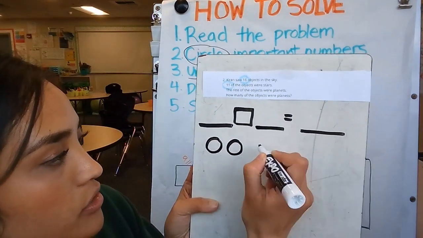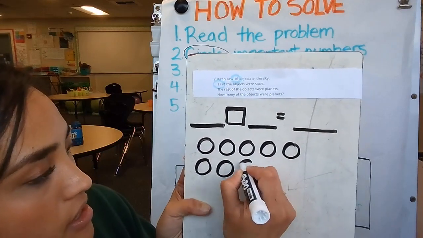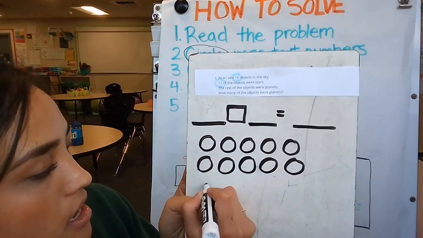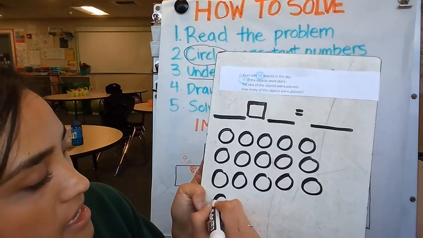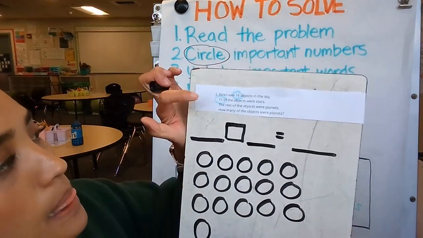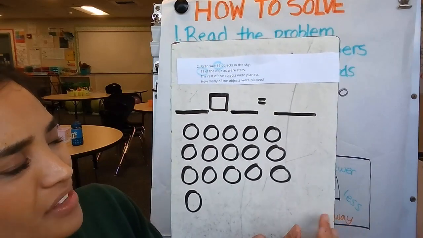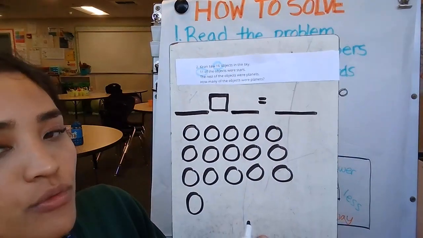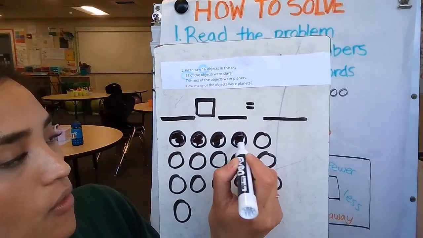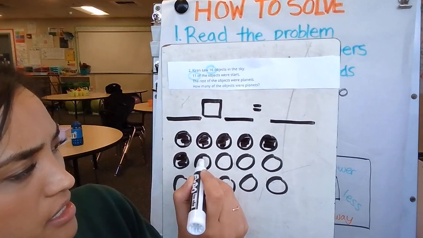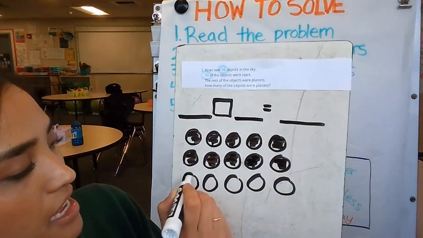1, 2, 3, 4, 5, 6, 7, 8, 9, 10, 11, 12, 13, 14, 15, and 16. 11 of them were stars, so I'm going to shade in 11 of these to represent stars. 1, 2, 3, 4, 5, 6, 7, 8, 9, 10, 11.